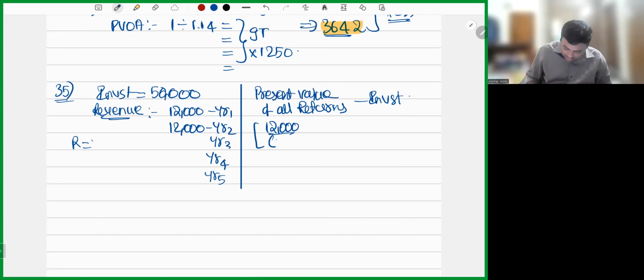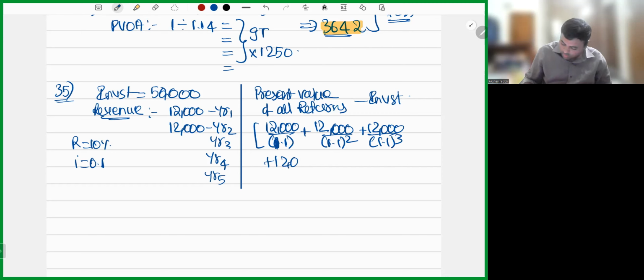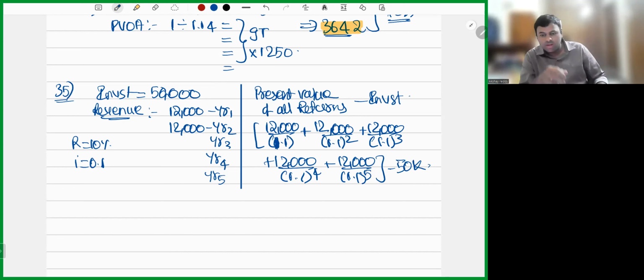R is 10%, so i is 0.1. 12,000 divided by 1.1, plus 12,000 divided by 1.1 whole square, plus 12,000 divided by 1.1 whole cube, plus 12,000 divided by 1.1 whole power 4, plus 12,000 divided by 1.1 whole power 5, minus investment 50,000.